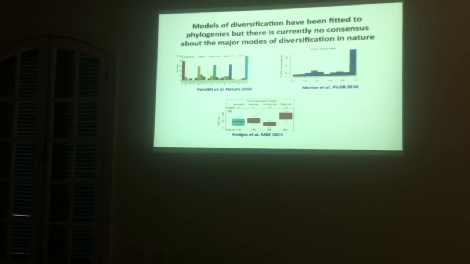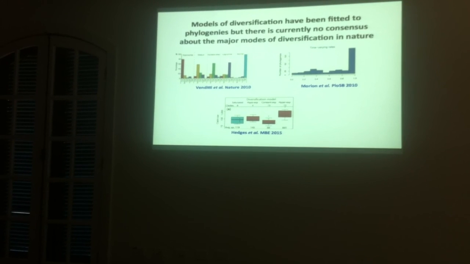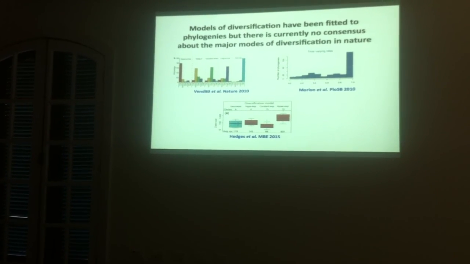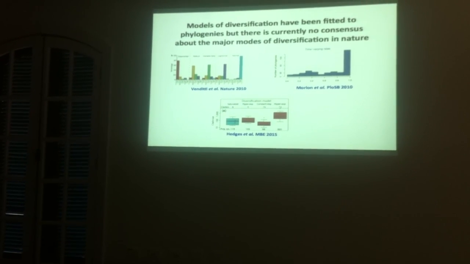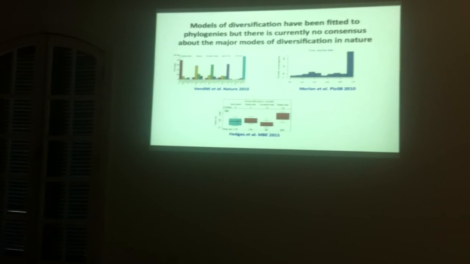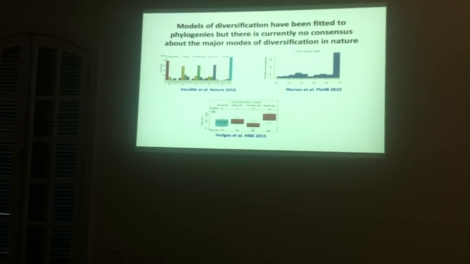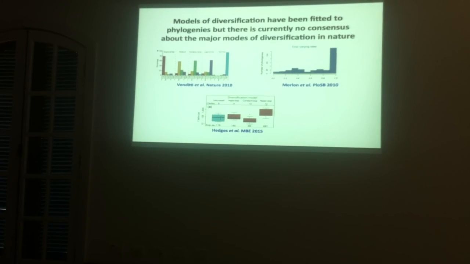But I'll go straight to the conclusion: by applying these different models of diversification to a whole bunch of molecular phylogenies, people haven't really come up with a real consensus on general trends, general patterns in molecular phylogenies and in the ways that clades diversify.